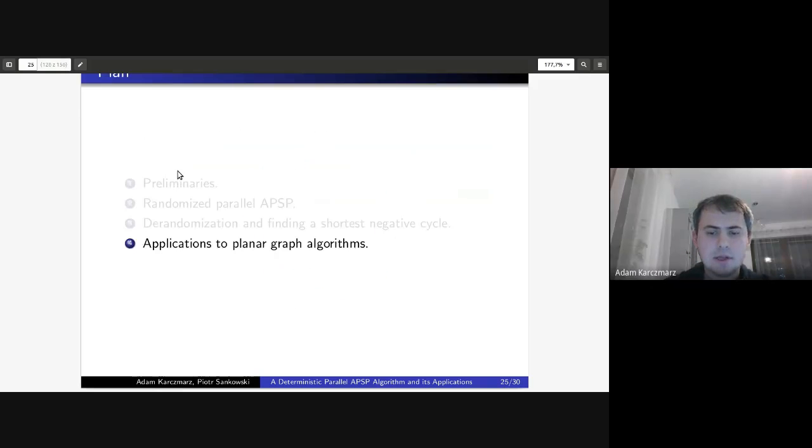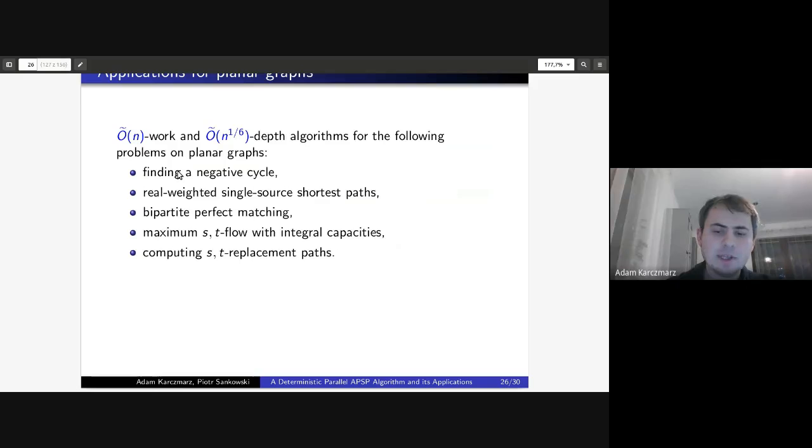Okay, so now the final part: let us show some planar graph applications of our APSP algorithm. Almost immediately we get nearly work optimal algorithms for problems concerning shortest paths, matchings, and flows.